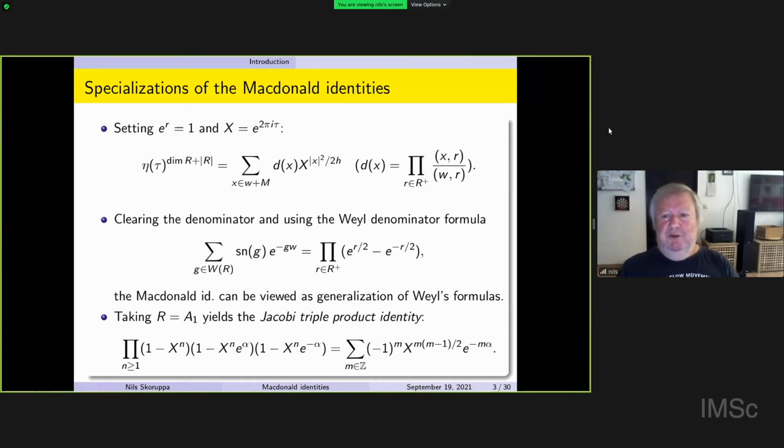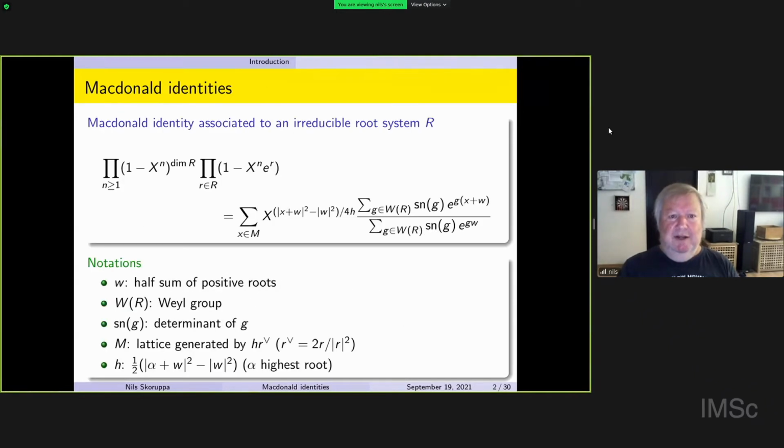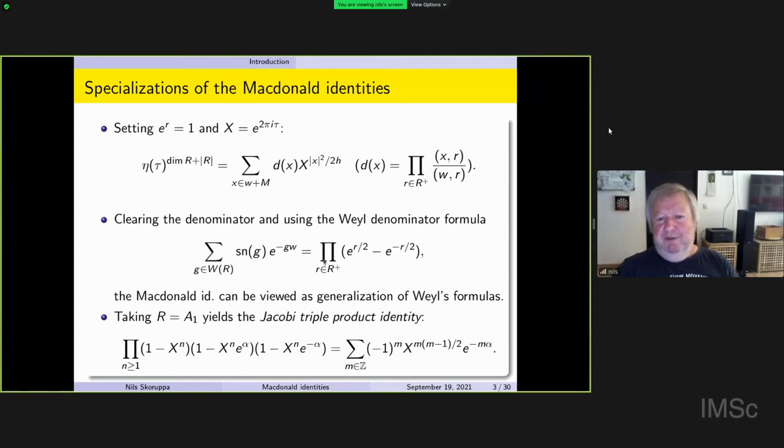What you can also do, if you look at the denominator of the Macdonald identities, maybe I can go back. So you see that there is this denominator that you have here. When you put this denominator on the other side, so that you don't have a denominator but this vector in front, and you replace this denominator that you saw there by the right-hand side of this identity, which is called the Weyl denominator formula, then you get an identity which, if you take x equal to 0, is just the Weyl denominator formula.